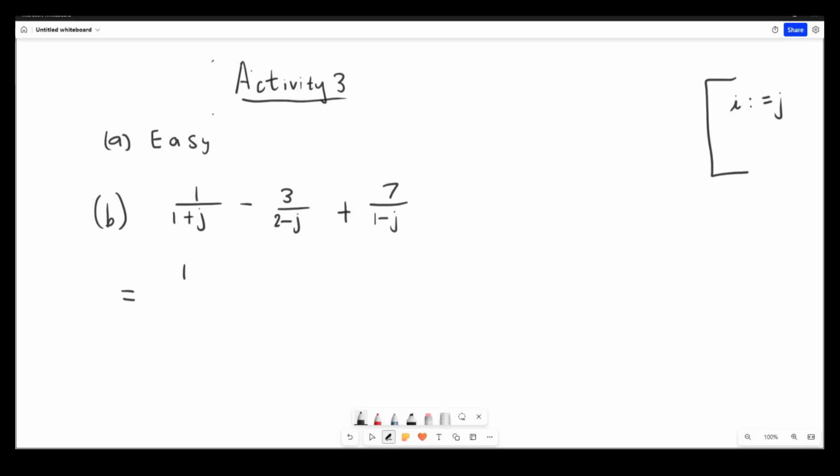This is equal to 1 over 1 plus J multiplied by 1 minus J over 1 minus J, minus 3 over 2 minus J multiplied by 2 plus J over 2 plus J, the conjugate.